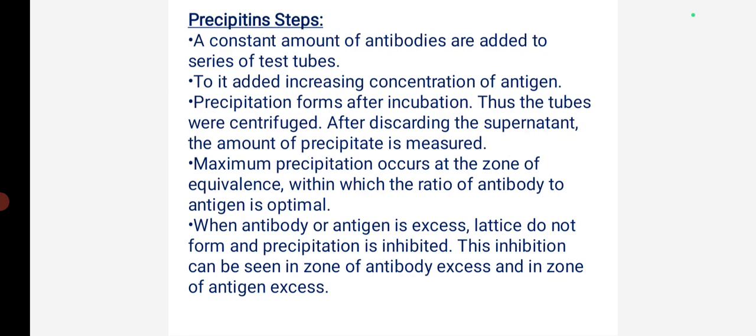The maximum precipitation occurs at the zone of equivalence, within which the ratio of antibody to antigen is optimum. Optimum in the sense antigen antibody concentrations are equal. When antibody or antigen is in excess, lattice does not form and precipitation is inhibited. This inhibition can be seen in the zone of antibody excess and the zone of antigen excess.